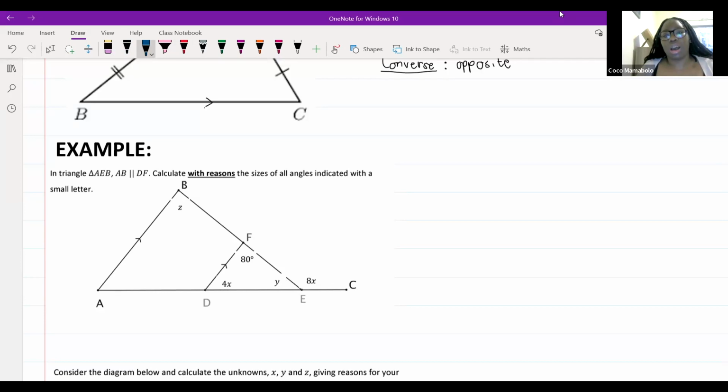So how can we go about answering this question? Where would we start? I see they've told me in triangle AEB, AB is parallel to DF. When we hear the word parallel, what should we be thinking?